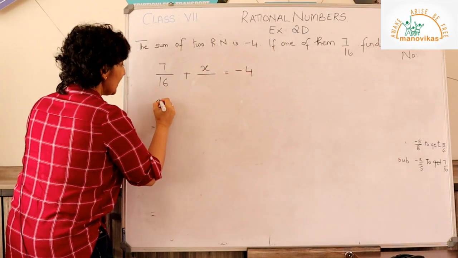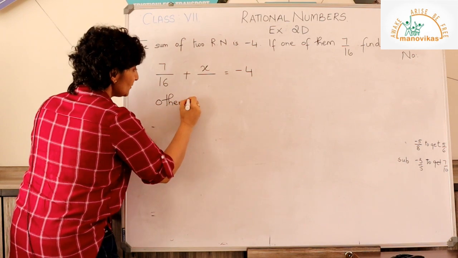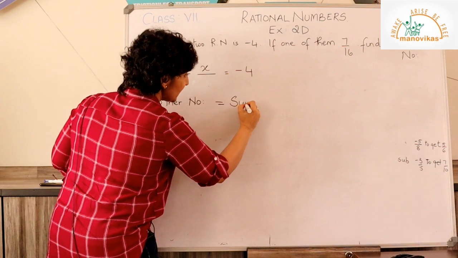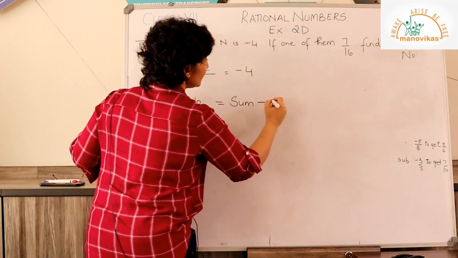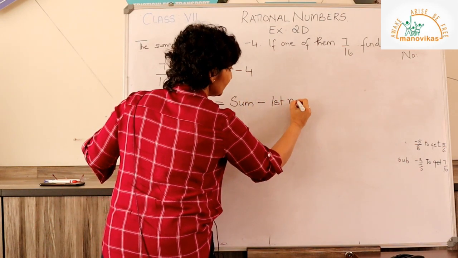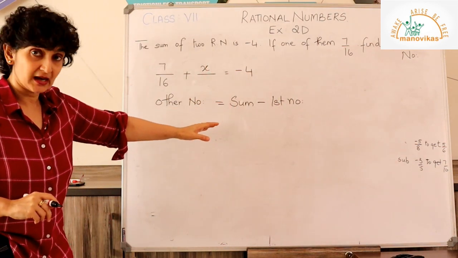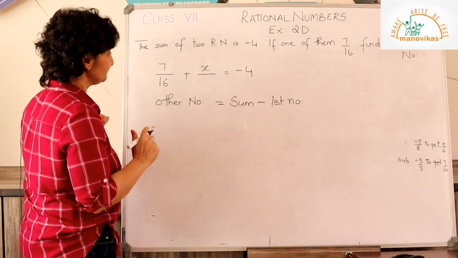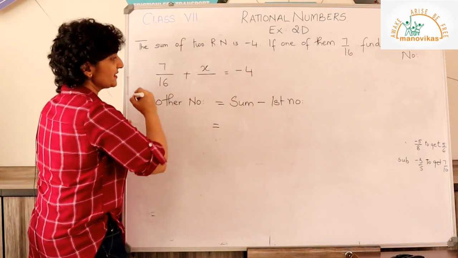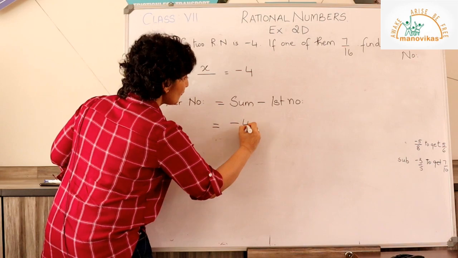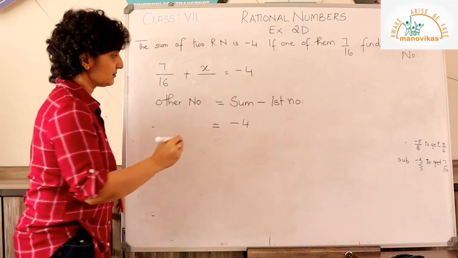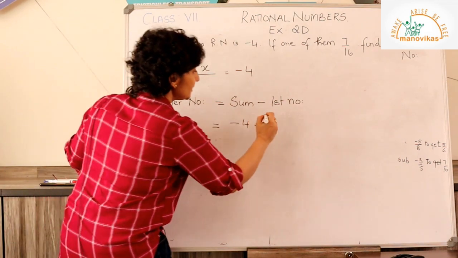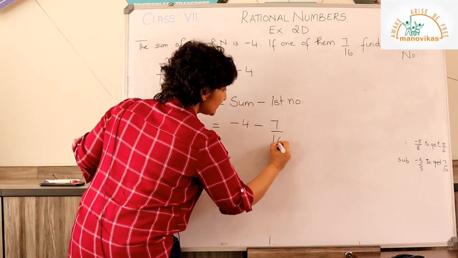So the other number is equal to the sum minus the first number, or the given number. So what is my sum? Minus 4. I need to subtract the first number I have, 7 upon 16. So let me make this as 7 upon 16.